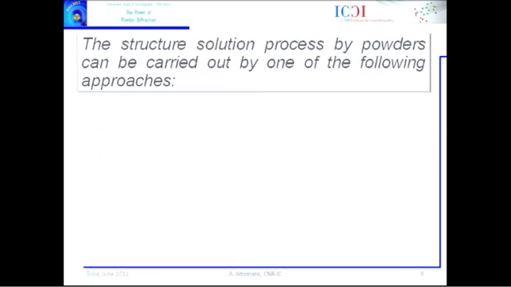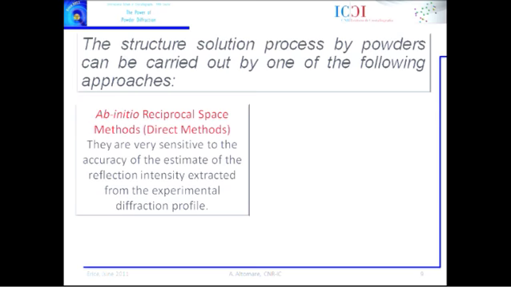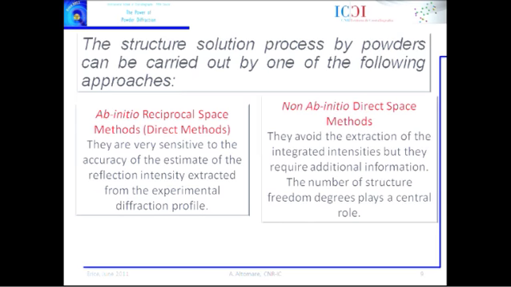Crystal structure solution from powder diffraction data can be carried out by following 2 alternative strategies. The ab initio reciprocal space methods, like direct methods, are very sensitive to the accuracy of the integrated intensities extracted from the powder. The non-ab initio direct space methods avoid the extraction of the integrated intensities, but they need additional information, the expected molecular geometry.